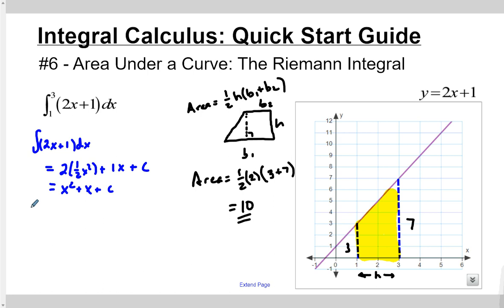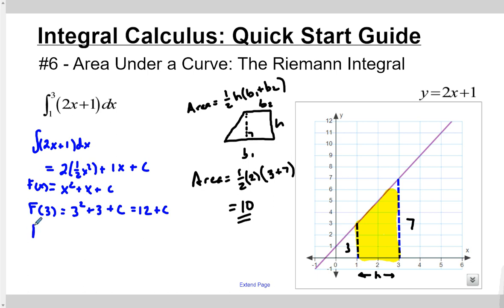So if we evaluate the antiderivative, this is F of x, our antiderivative at 3, we get 3 squared plus 3 plus c, which is to say 9 plus 3, 12 plus c.